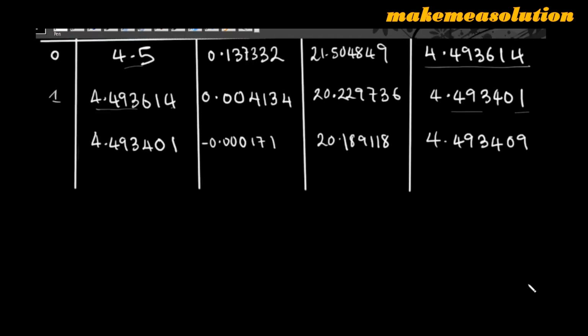Okay, so you have 4.493409. You can see that at this point now the value is struggling to change.